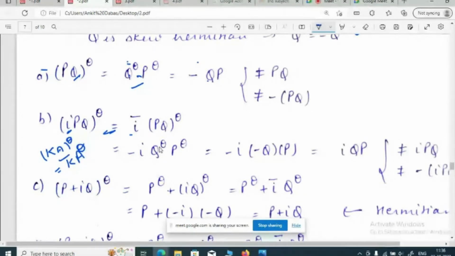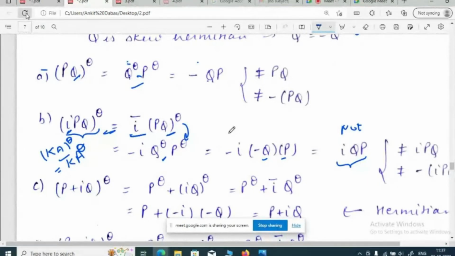So the conjugate of iota PQ is iota conjugate, which is minus iota, times PQ conjugate, which is Q conjugate P conjugate. Because Q is Q Hermitian, this is minus Q and this is P, and this gives us iota QP. But this is not equal to iota PQ, therefore it is not a Hermitian matrix.